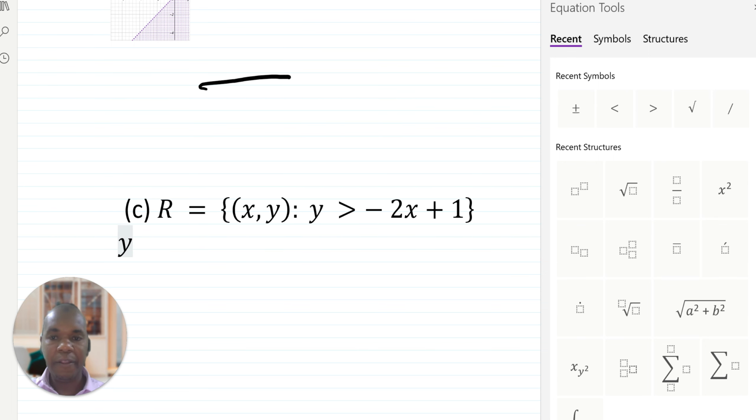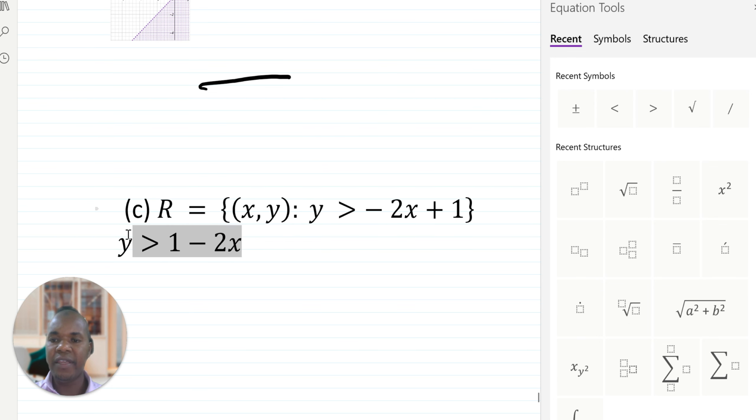So it is y is greater than 1 minus 2x, I can say.